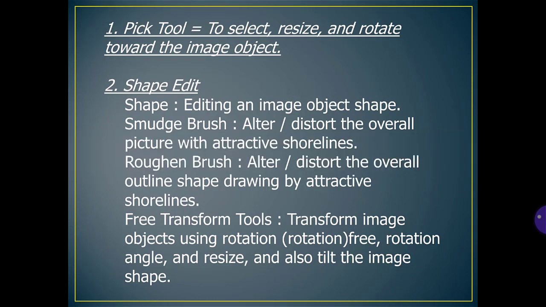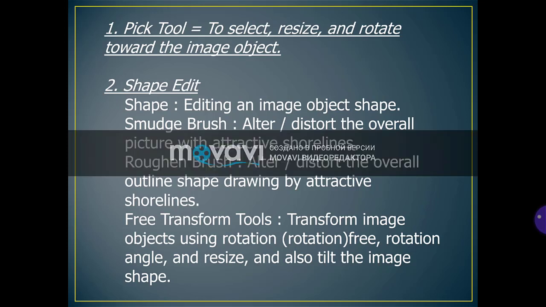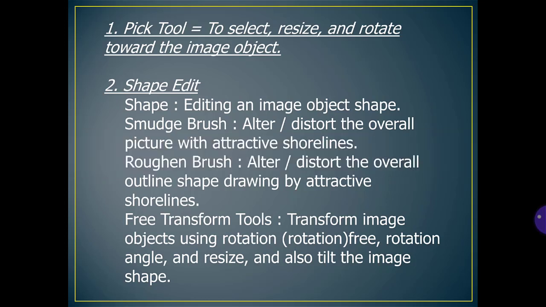One. Pick tool. Equal to select, resize, and rotate the image object. 2. Shape edit. Shape. Editing an image object shape. Smudge brush. Distort the overall picture with attractive shorelines.